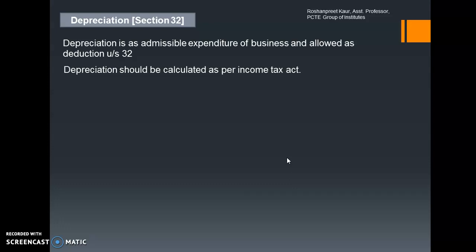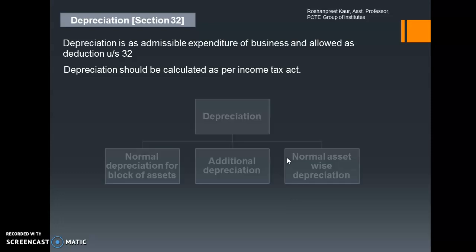Okay, but the point is that depreciation should be calculated as per the Income Tax Act and not as per the P&L account or the accounts which you calculate. Okay, depreciation has to be calculated as per the Income Tax Act. The provisions, the rules and regulations provided in the Income Tax Act have to be taken care of while you calculate depreciation in the chapter PGBP.